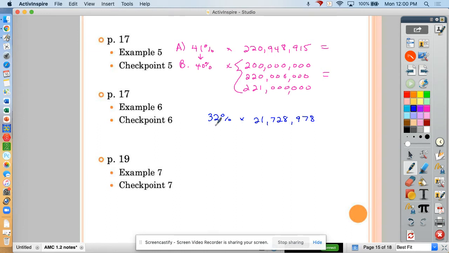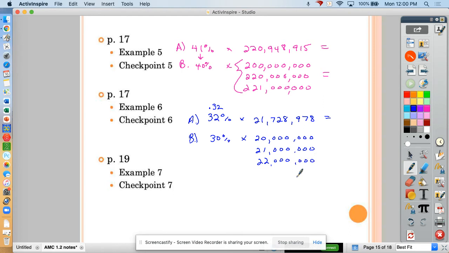Okay, so we would take that and you would multiply it and get the exact amount. Remember, I don't think I mentioned it above, but that has to be 0.32. We have to use decimals. We can't use actual percentages. And then the B part says that we're going to estimate. So I'm going to change this to 30%. And I'm going to change this to probably 20 million or 21 million or even 22 million.